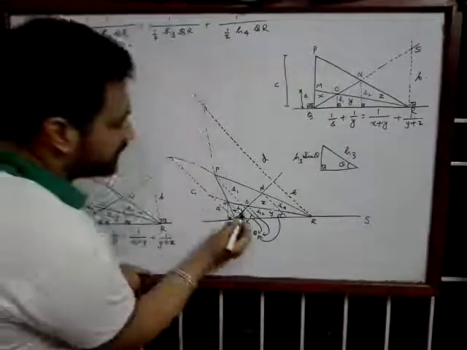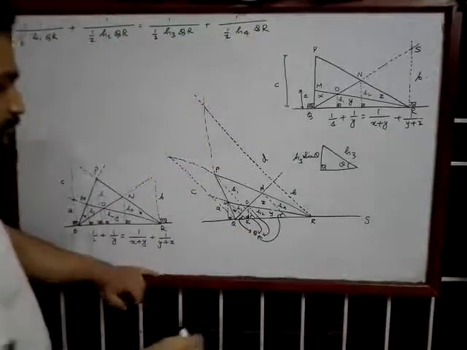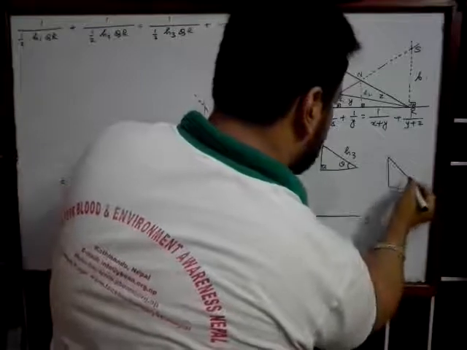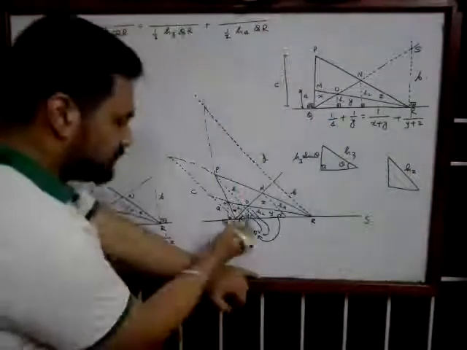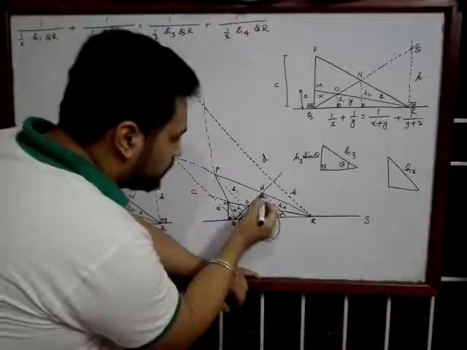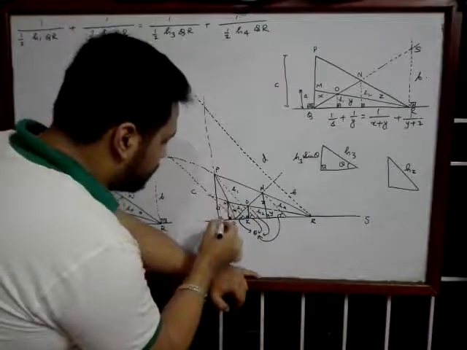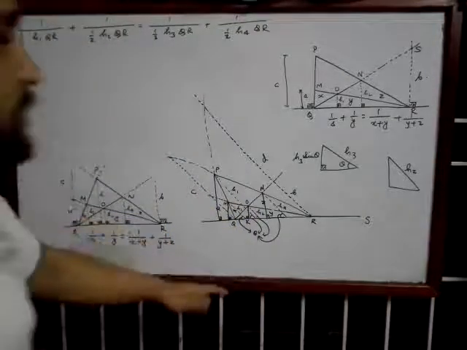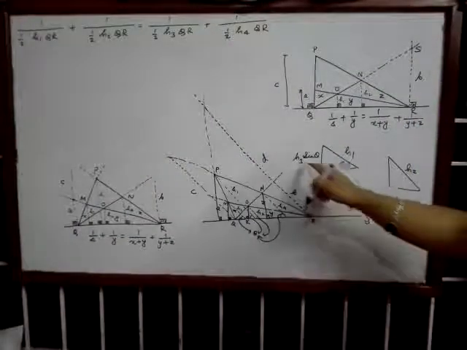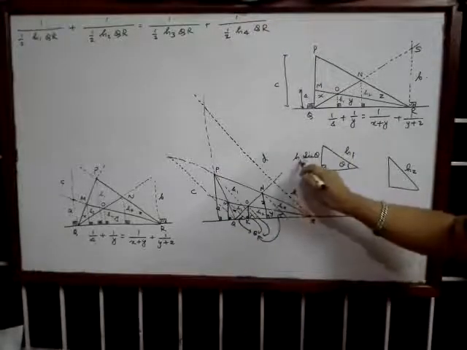Similarly, if we drop a perpendicular like this, now this is H2, this perpendicular. Here we have another perpendicular. Then, if this is H1, the length of the perpendicular is H1 sine theta.